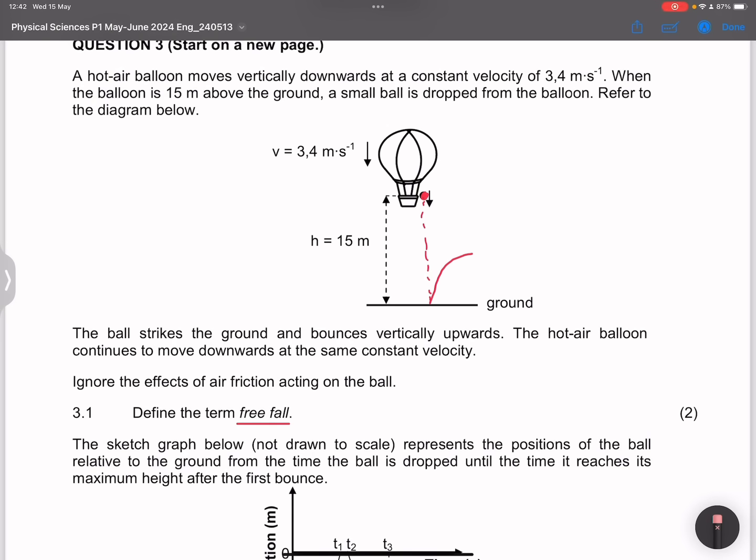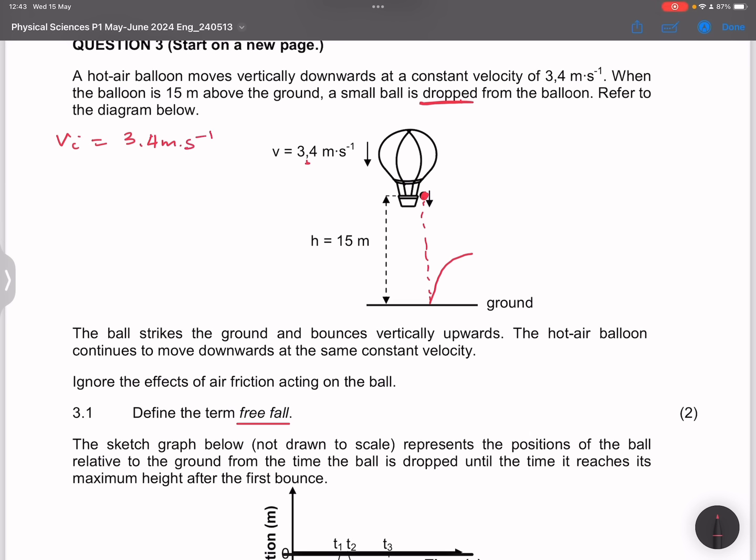As much as they say the ball is dropped, remember, the ball is dropped from an air balloon that was already moving at a velocity of 3.4. So the initial velocity will not be 0, but it is going to be 3.4 meters per second.